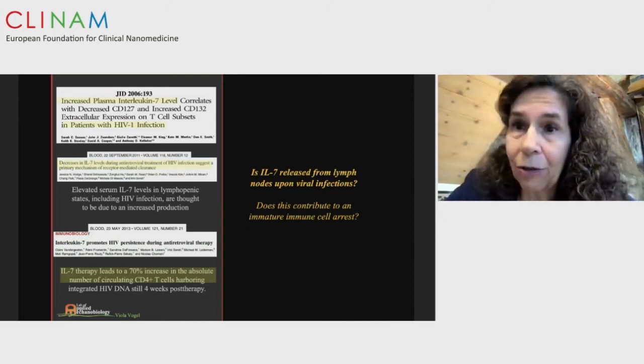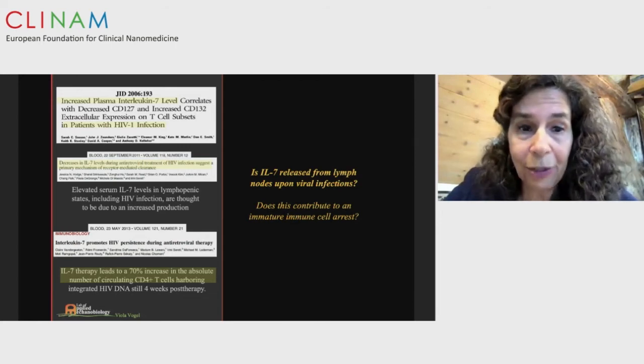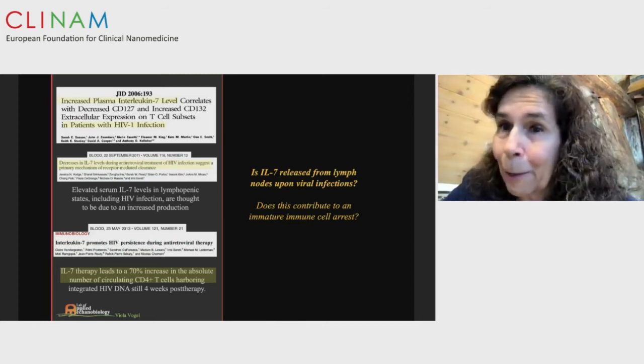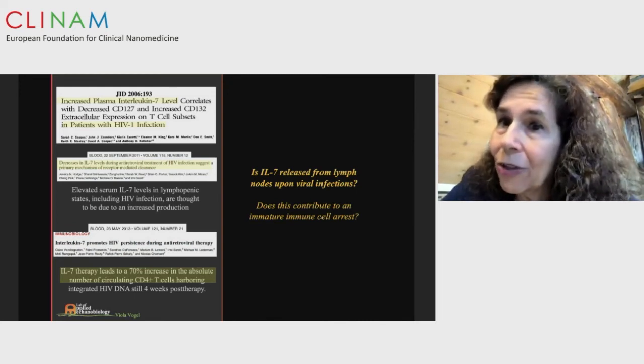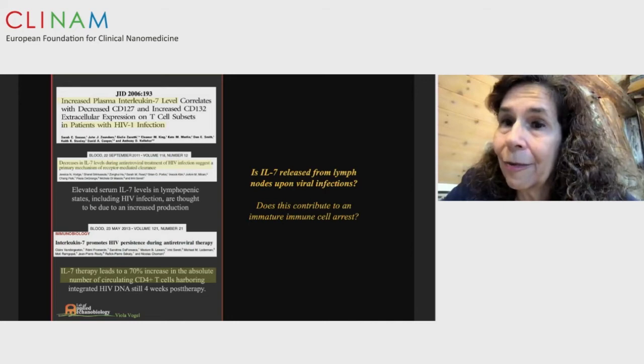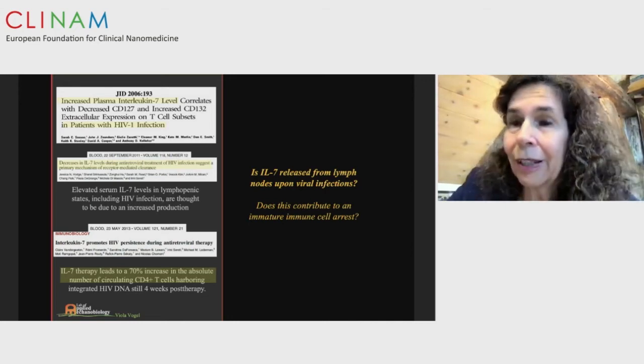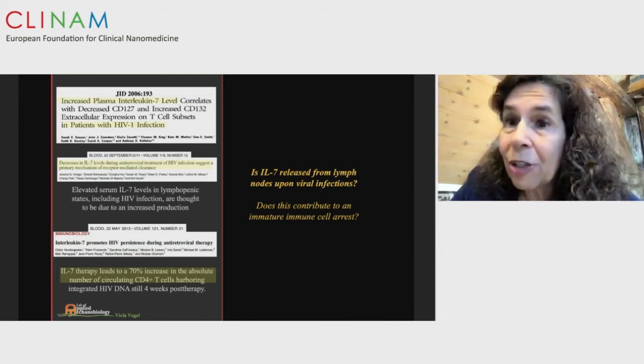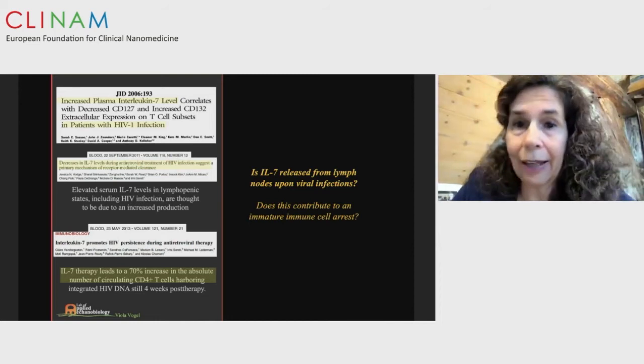But people also found if you do an IL-7 therapy, you can increase the absolute number of circulating CD4 plus T cells. So obviously IL-7 is lost in the lymph node and you have to supplement it in order to keep the maturation of immune cells intact.